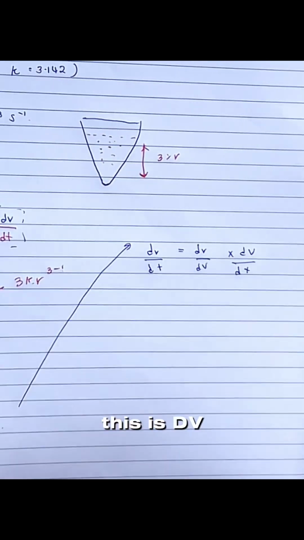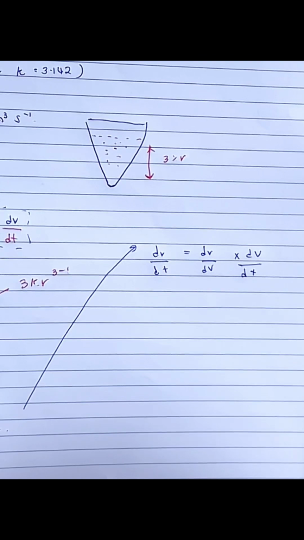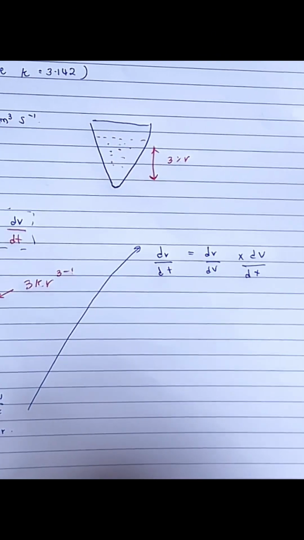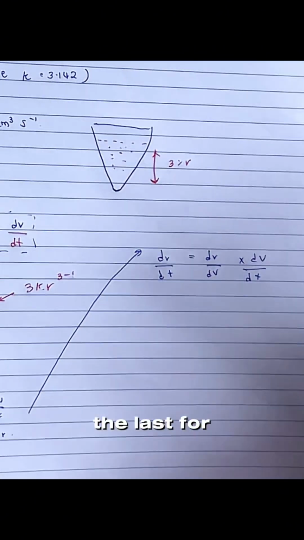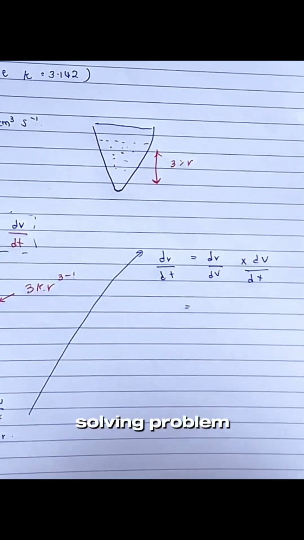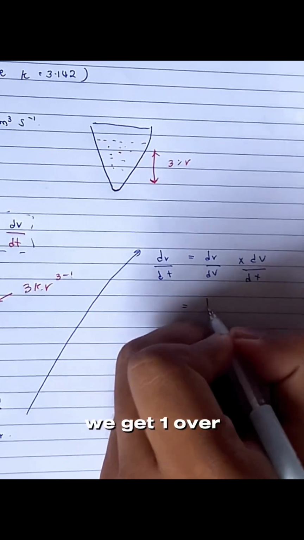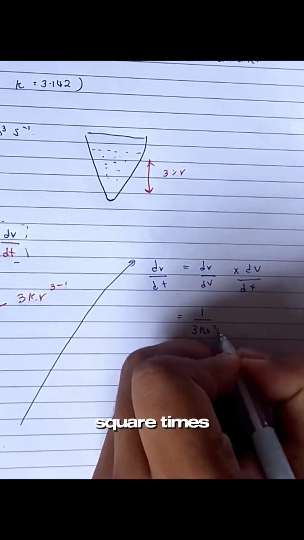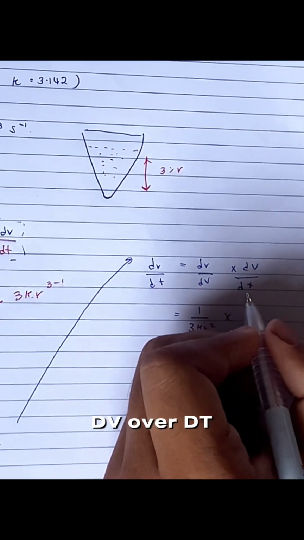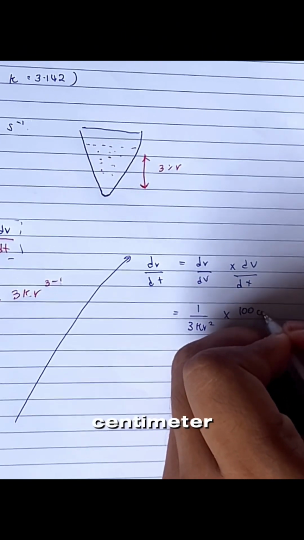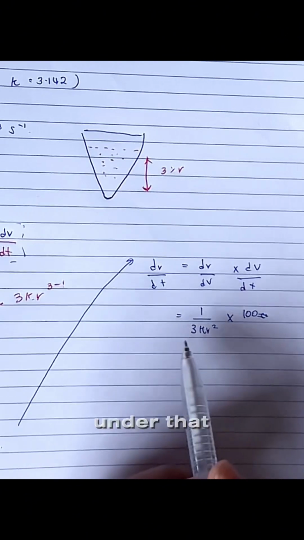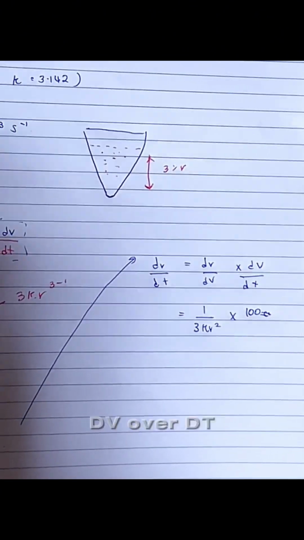I'm sorry, this is dv over dt. Solving, dr over dv gives 1 over 3 pi r square times dv over dt, which is 100 centimeter, the 100 that we get from dv over dt.